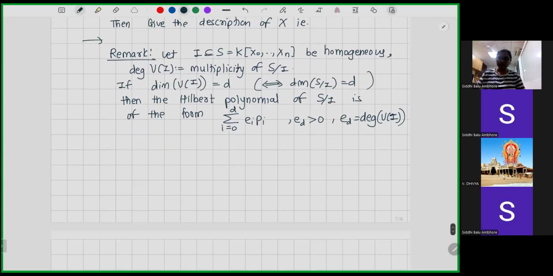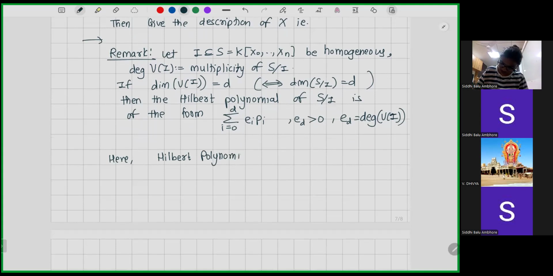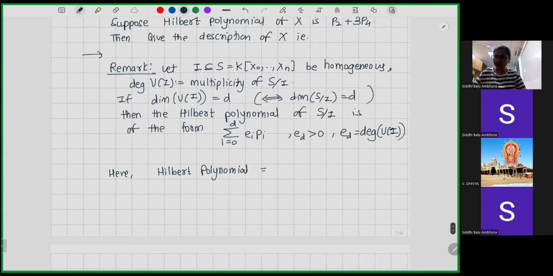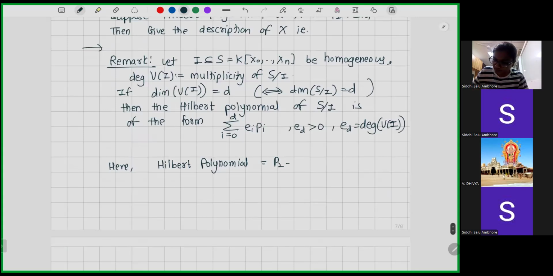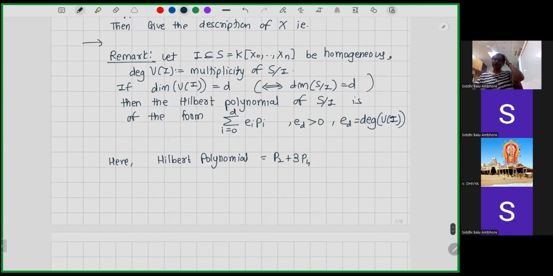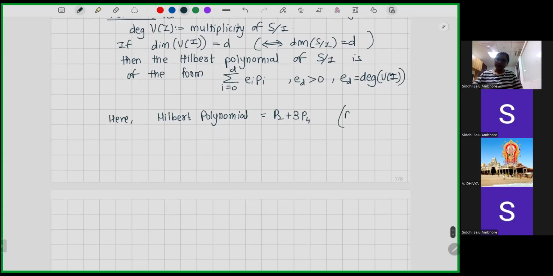Okay, and here our Hilbert polynomial is what? It is P2 plus 3P4. And these P4 and P2 are what? If you remember, we defined it, I think, last lecture or a lecture before that. This Pi is x choose i.